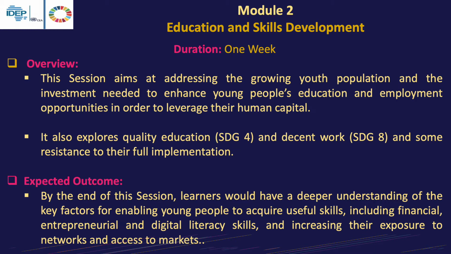The session will also explore quality education in line with SDG 4 and decent work in line with SDG 8, and some of the resistance that has come from various groups in Africa on the implementation of SDG 4 and SDG 8. For instance, regarding sex education in schools and access to family planning services. I'm sure there are a whole lot of other forms of resistance you have seen in your work that you can also capture within the assignment aspect of Module 2.